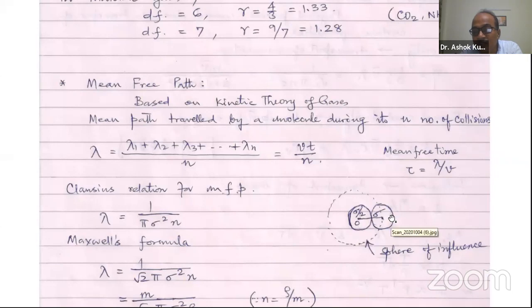So for collision, it is necessary that the other molecule should come in the range of this sphere. This sphere is called the sphere of influence. So the condition for collision is that the molecule should come in the sphere of influence of one molecule.